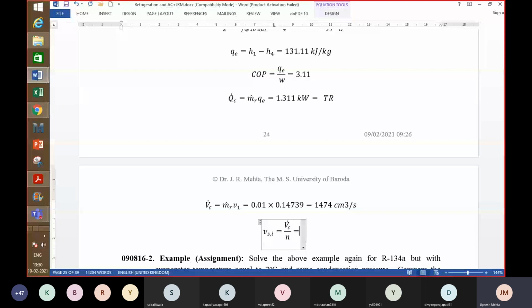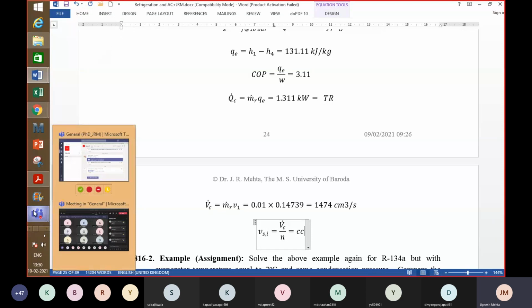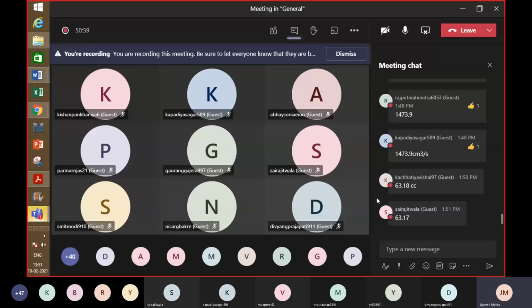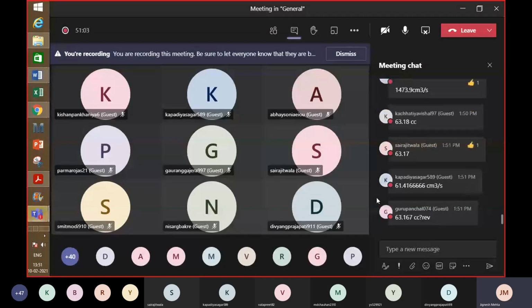So can you provide me the value of the ideal swept volume by multiplying it by 60 and dividing it by 1400. Okay, so it seems to be somewhere around 63.2 roughly, 63.16 or 17, right?